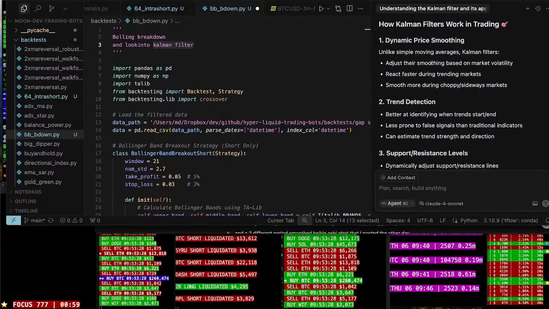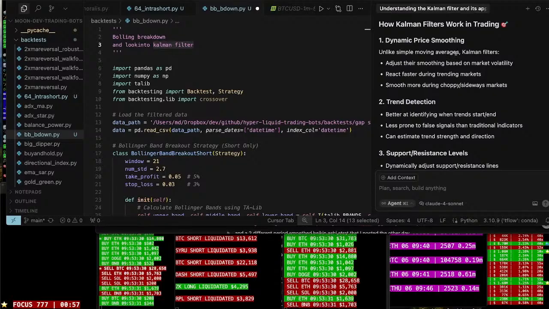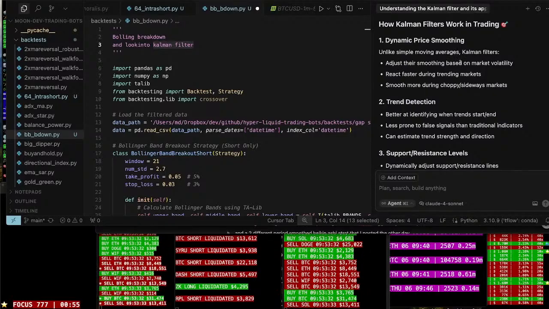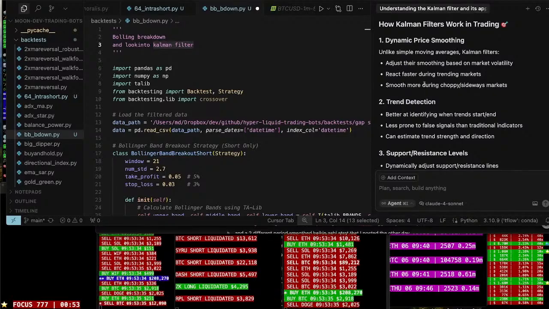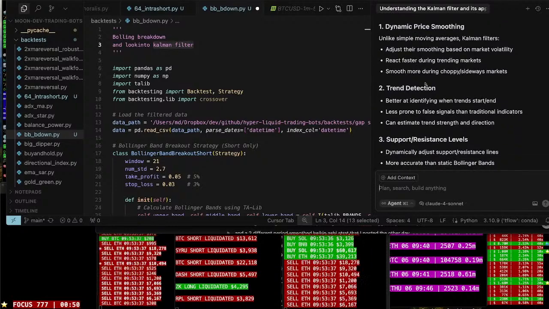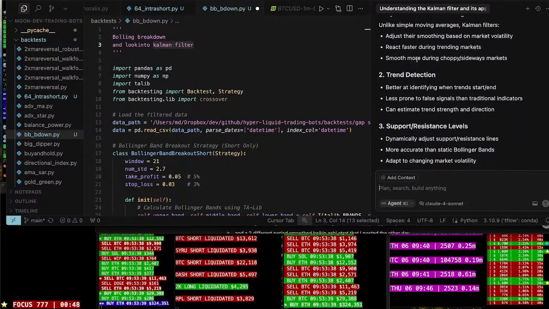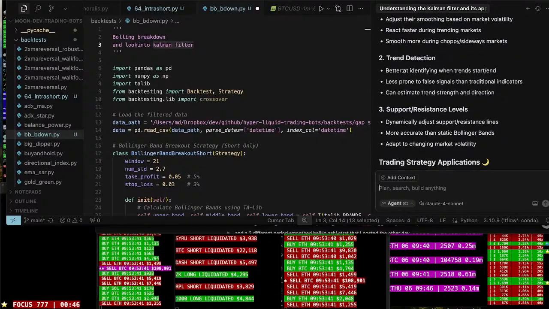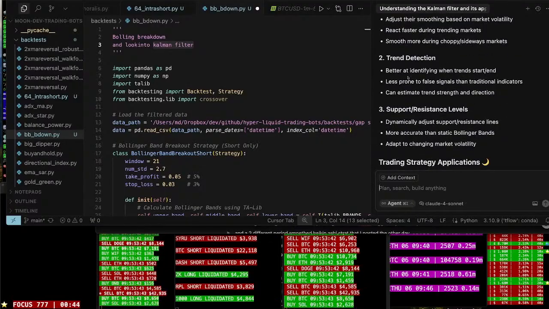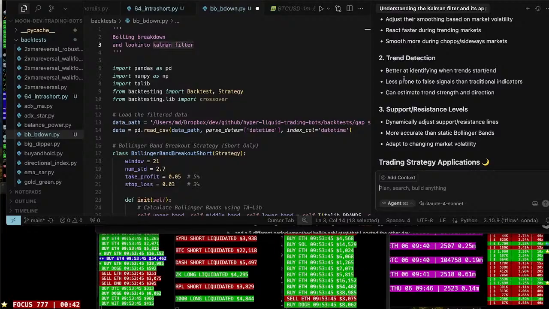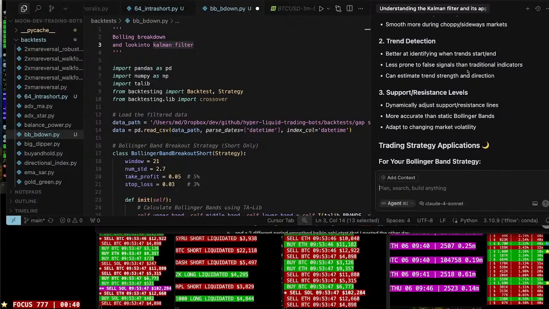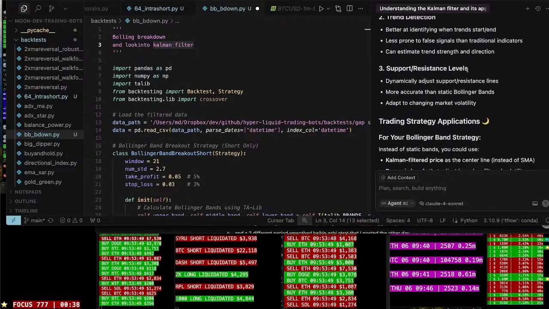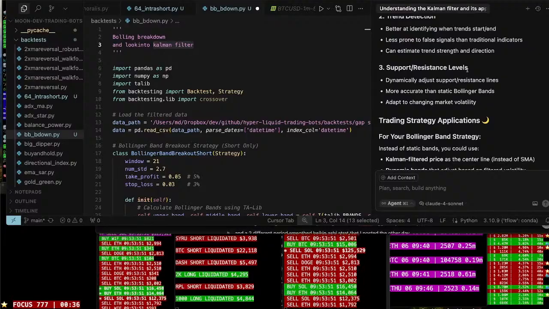How Kalman filter works in trading. Dynamic price smoothing: unlike simple moving averages, Kalman filters adjust their smoothing based on market volatility, reacting faster during trending markets and smoothing more during choppy sideways markets. Trend detection: better at identifying when trends start, less prone to false signals than traditional indicators, can estimate trend strength and direction.